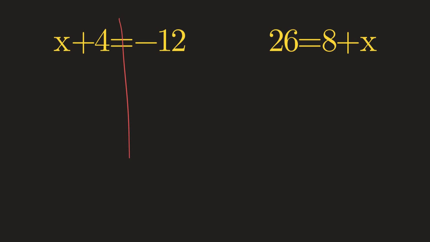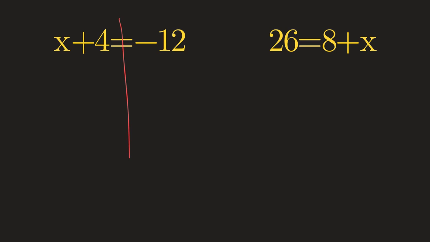If I were to ask what is on the left side of this equation, what would somebody tell me? x plus 4. What's on the right side of the equation? Negative 12. Again, this seems very simplistic, but we need to understand left side, right side, because we will reference those sides.